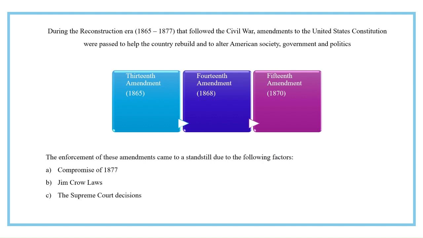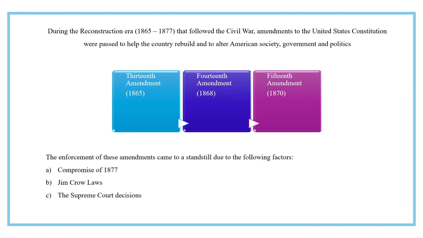The 14th Amendment, 1868, gave black people citizenship rights and equal protection of the laws for all persons. The 15th Amendment, 1870, gave black males the right to vote, prohibiting discrimination on the basis of race, color, or previous condition of servitude.